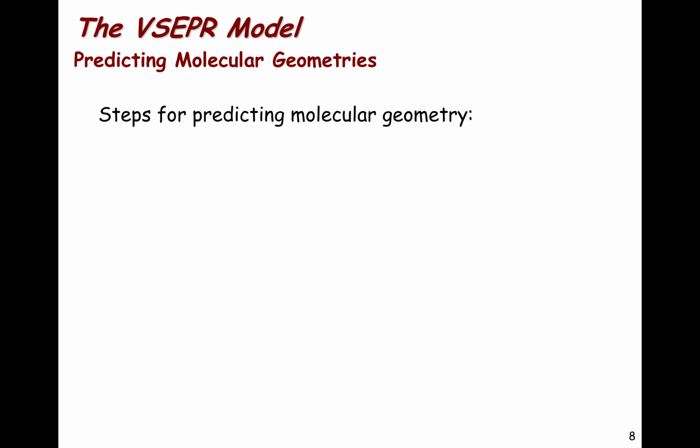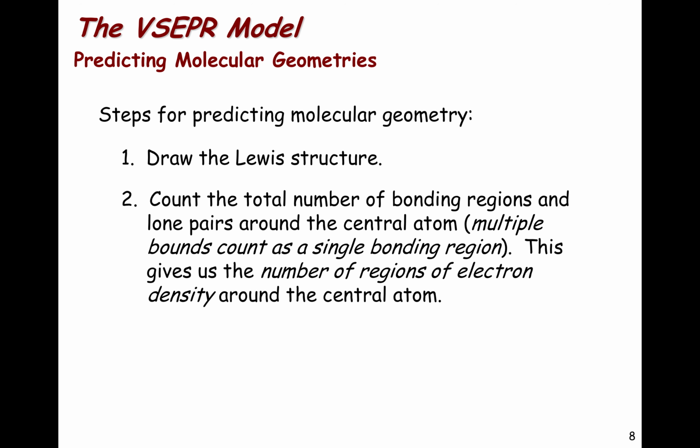In order to predict the molecular geometry, we need to follow the following steps. In the first case, we need to be able to draw the Lewis dot structure. Once we have determined the Lewis dot structure, we need to count the total number of bonding regions and then also the number of lone pairs around the central atom.